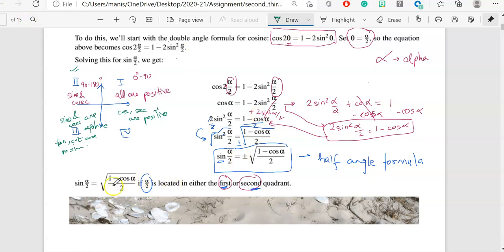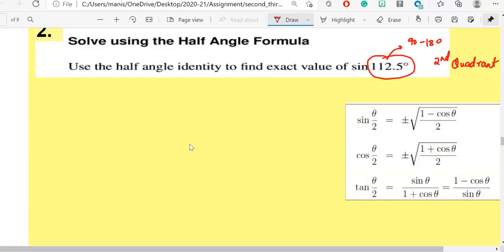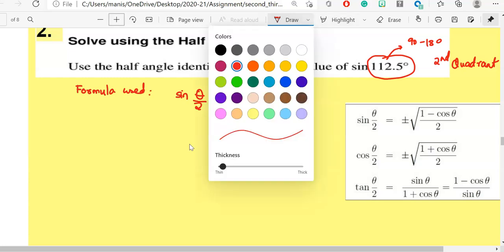We will use the plus formula, this formula, for this question. So let me write the formula over here. Formula used: sine theta over 2 is equal to plus. We are using the positive one, so I'm not writing this. Square root of 1 minus cosine theta over 2. So this is the formula I will be using in this case.